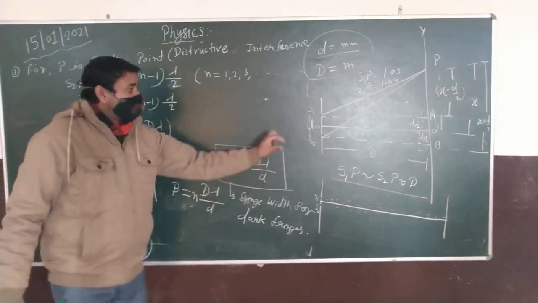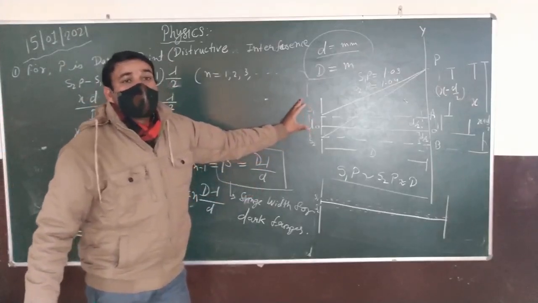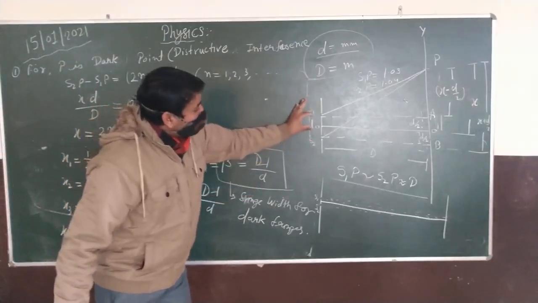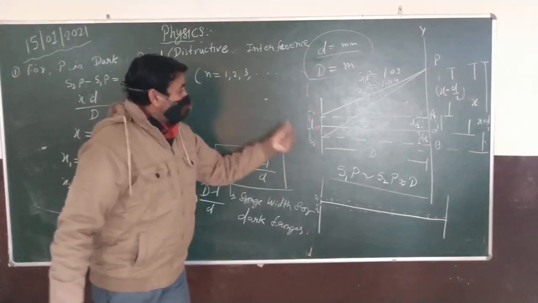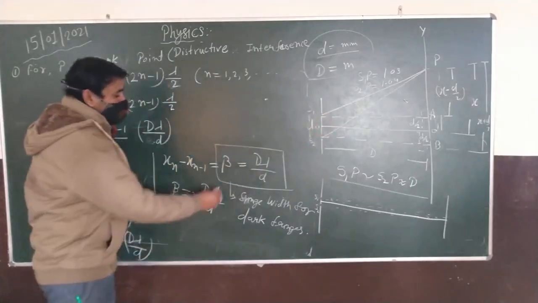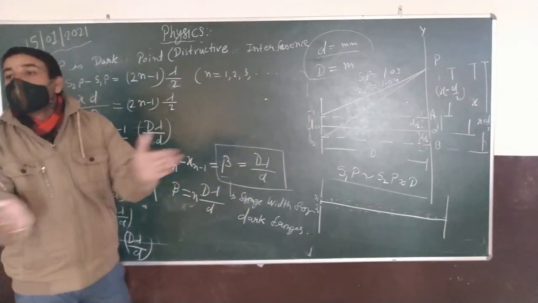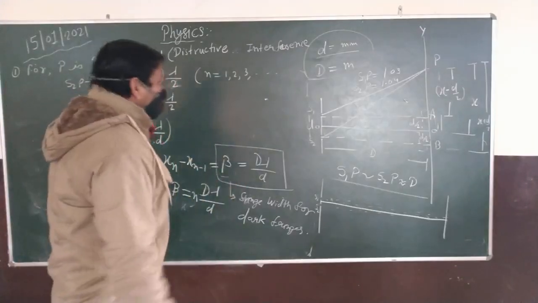If you increase the source distance, the fringe width will decrease, and as you go near the center, the fringe width will increase. It means you will get bigger fringes like this.